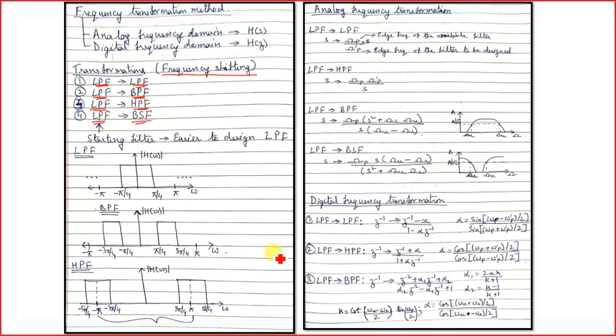So in all these transformations, the starting frequency response is that of a low pass filter. That means when we apply a frequency transformation method, we usually start with a low pass filter, and from here we design the other types of filters.